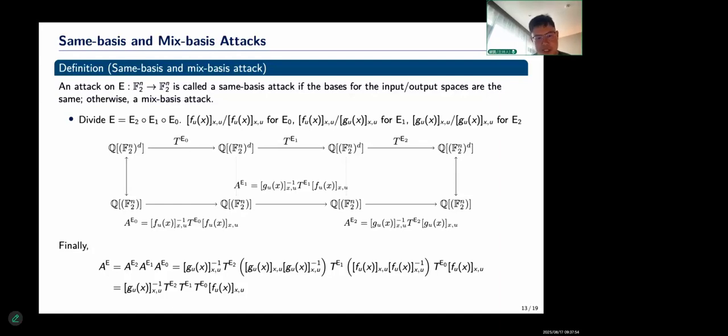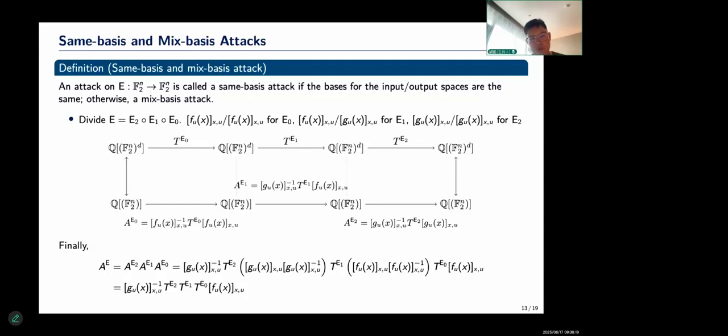To study the mixed basis attack, we can use a similar way. Firstly, we divide a cipher E into 3 parts. And then we can study E0 with a same basis attack, and E2 with another same basis attack. And E1 will be the switch. We apply a mixed basis attack on E1.